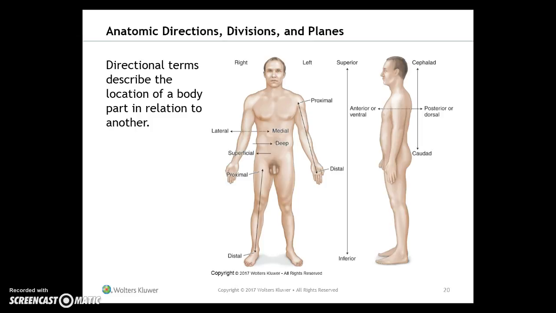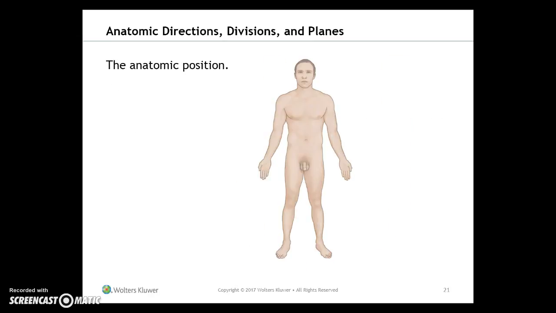Superior, inferior, we see the cephalad and the caudad, and the anterior or ventral and the posterior or dorsal. The anatomic position is the body in its standard reference position, standing erect, arms at the sides, and palms facing forward.